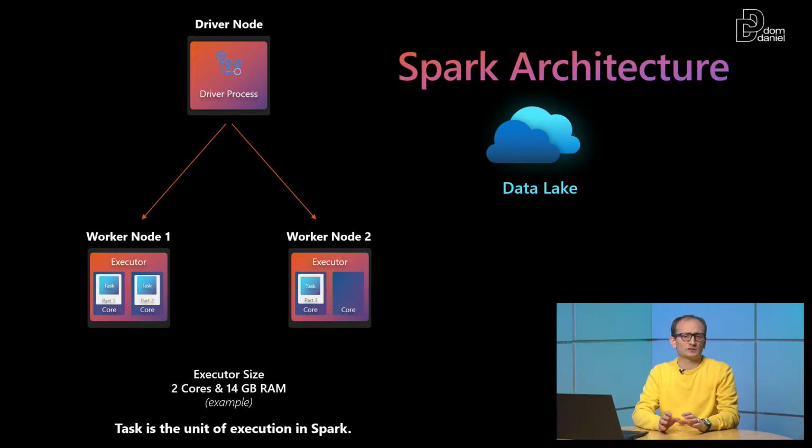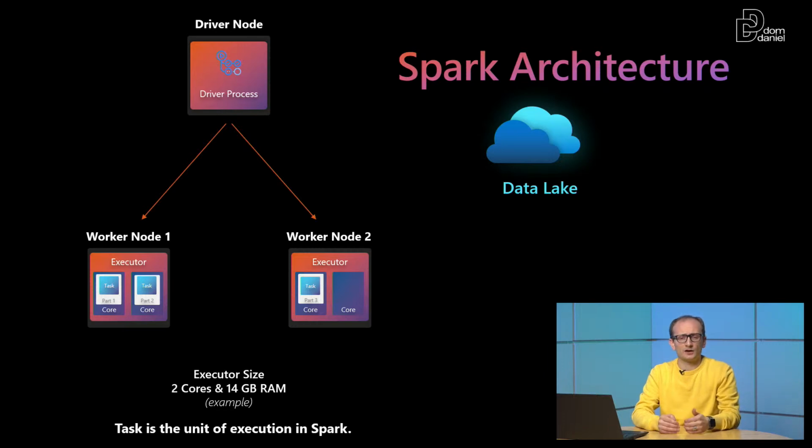And let's assume that a user wants to read an amount of data from a data lake. This job is sent to the driver processor, which splits the whole data into parts and sends them as tasks to executors.